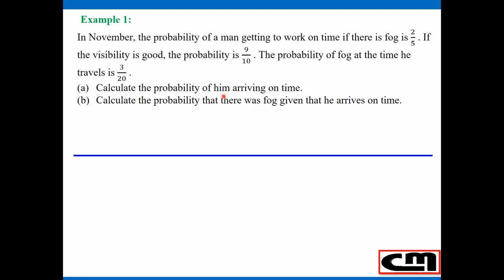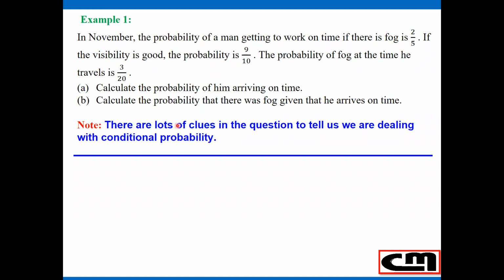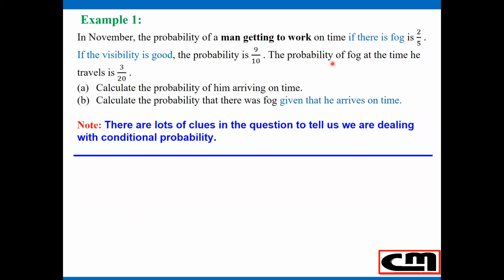Now, this is a probability problem, but you should be quick to check whether it is a conditional one. And to do that, you realize that there are lots of clues in the question to tell us we are dealing with conditional probability. I'm going to highlight those, right?